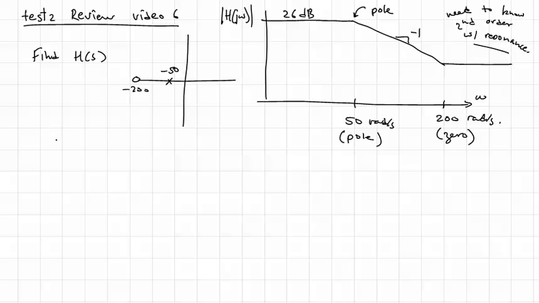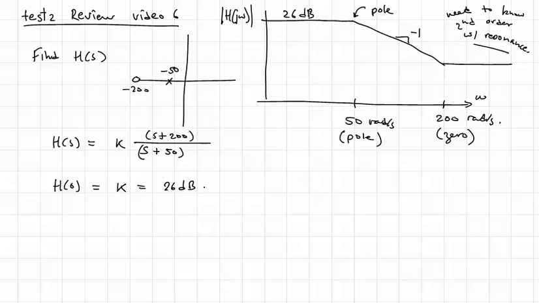Okay, so right away that allows us to write the transfer function form. You always want to remember there's going to be a constant out front. And then we write our pole, which is going to be s plus 50, because the pole is actually at minus 50. And then our zero is at 200. Now, what does K need to be? For this we can consider H(0), which in this case reduces to K. And this has to be equal to the 26 dB.